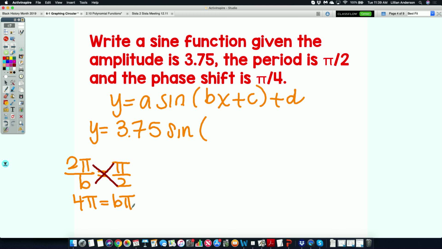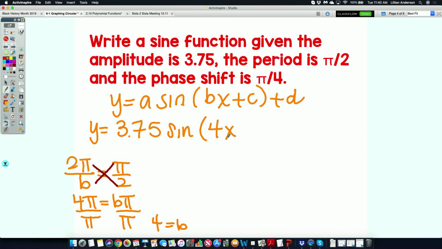How do I solve for b? What's 4 pi divided by pi? So b is equal to 4. So now I have 4x. Now I'm halfway through writing the equation of this sine function.